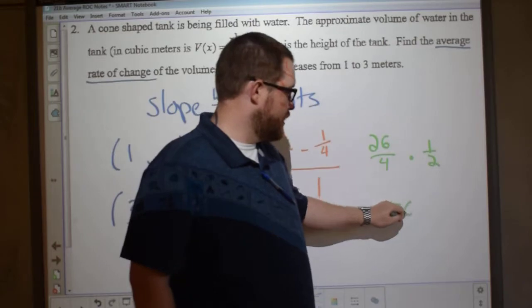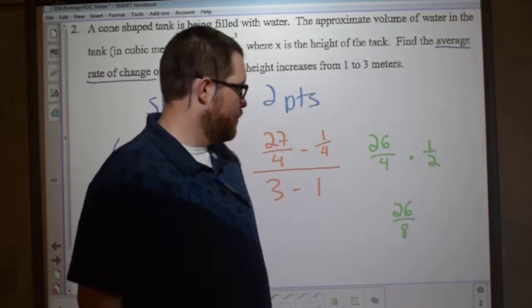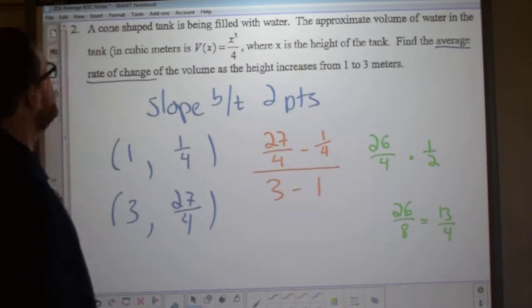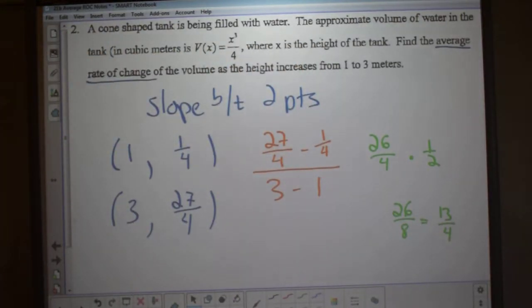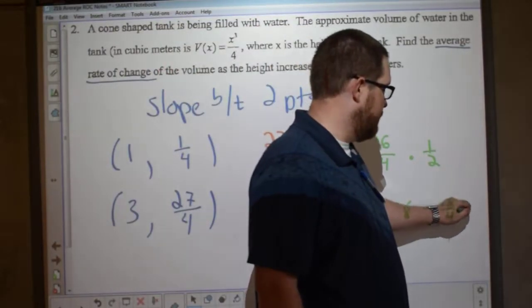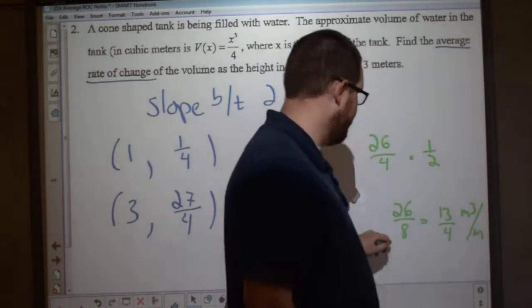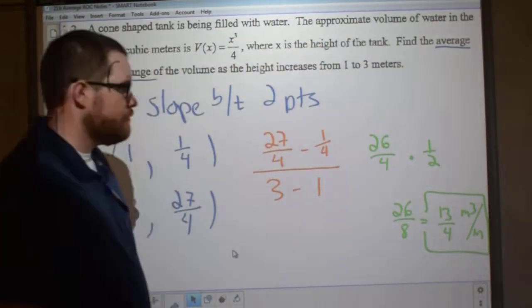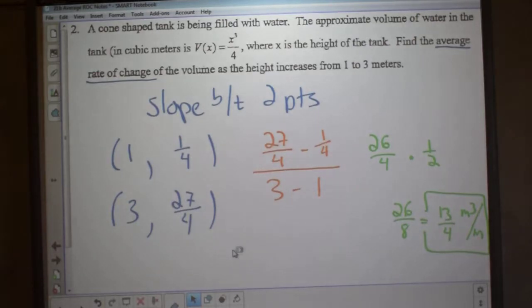That's going to be 26 over 8, which will be 13 over 4. Units. Well, I'm still measuring volume, so it is in meters, so it's cubic meters per meter of height. Just finding the slope between 2 points.